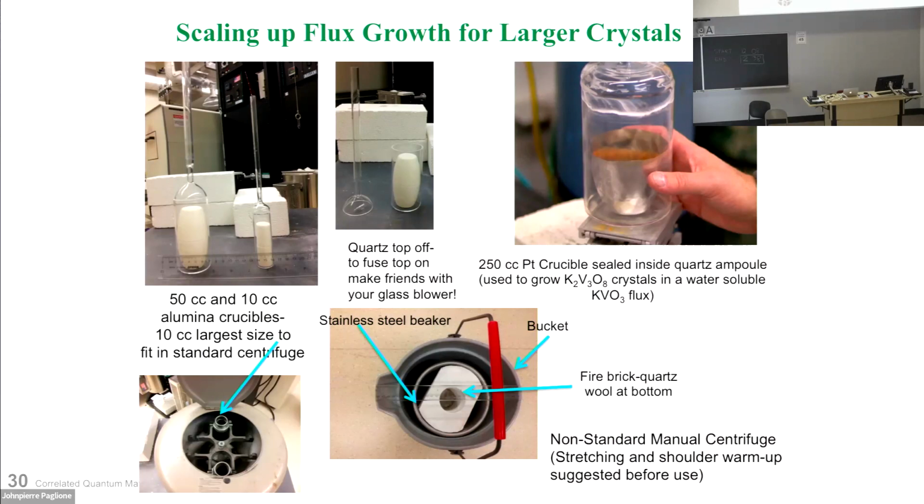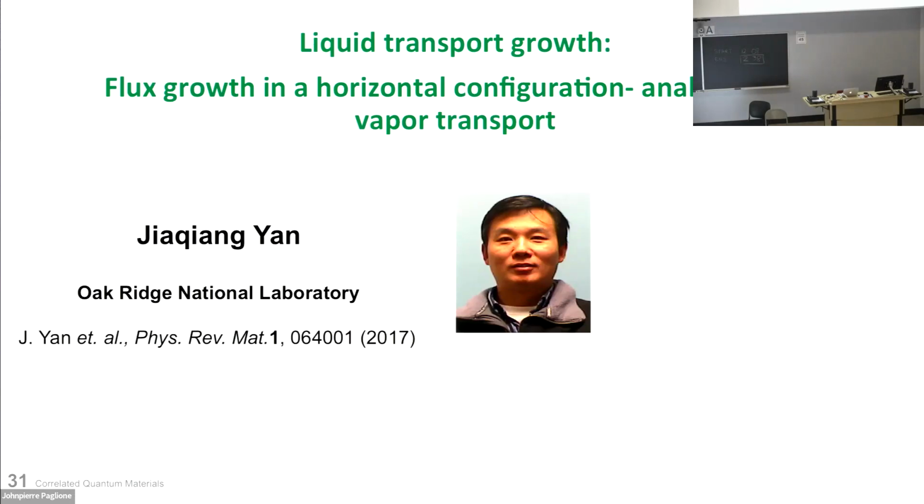You grab this, take your thing out of the furnace, put it in here. You have to loosen up before you start doing it. And you just spin it around. That actually works. I know it looks a little crude. Just make sure you have all the safety stuff in case something breaks. But you can usually get a crystal big enough in the centrifuge.